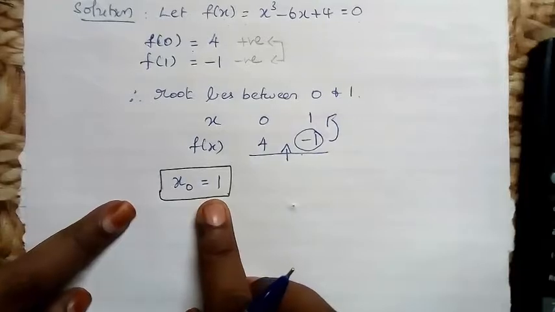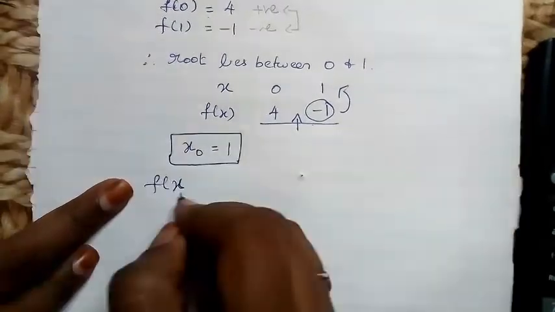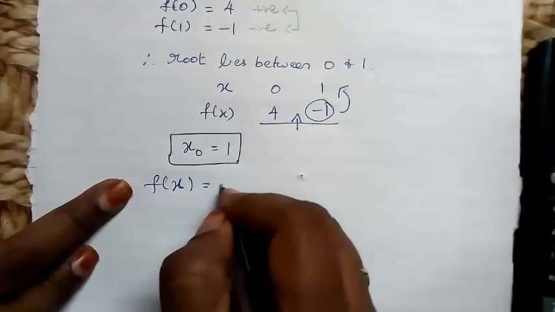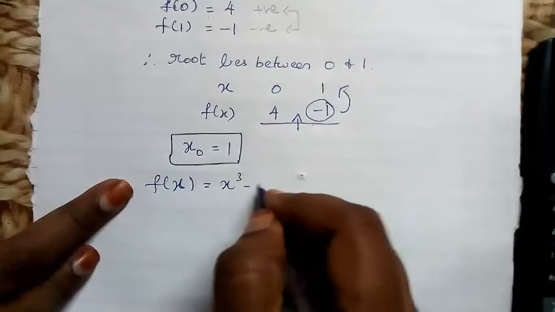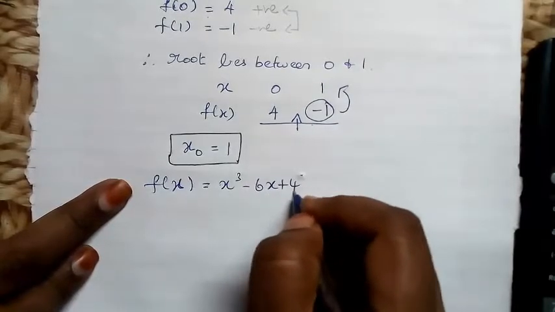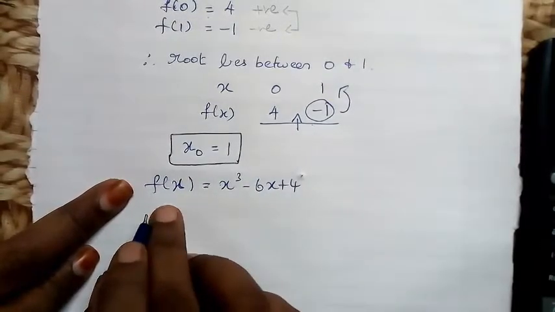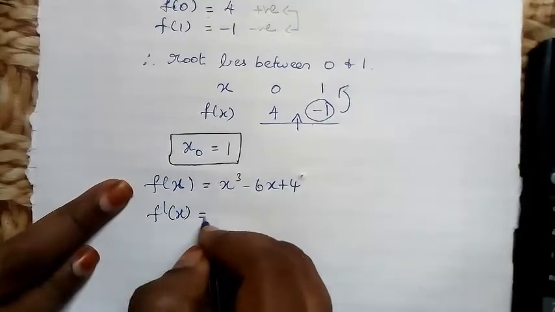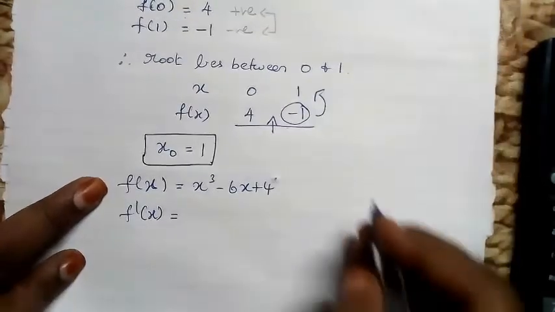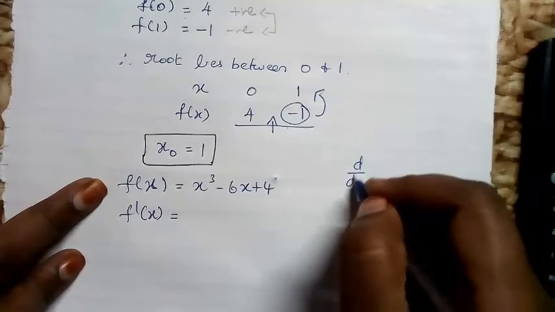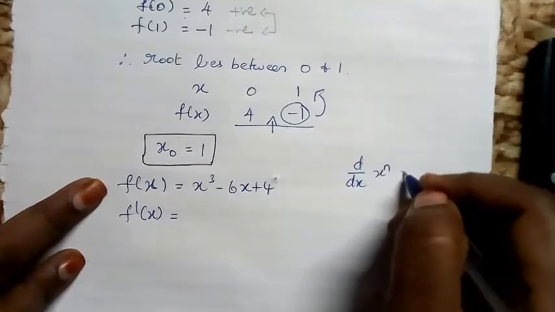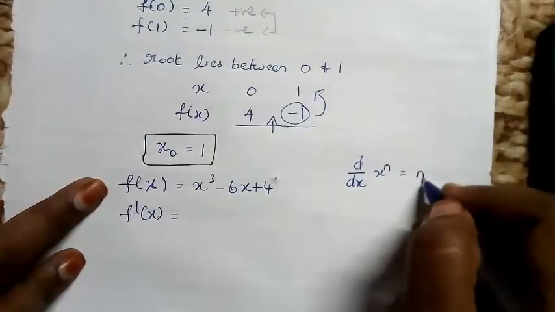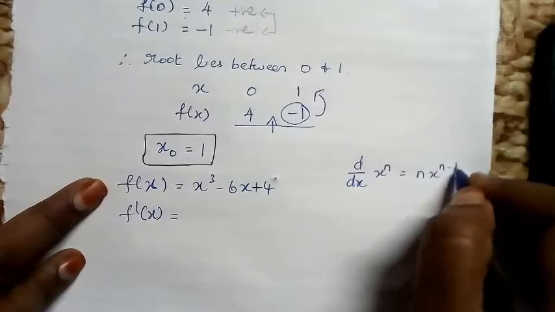We need f(x_i) and f'(x_i). It is given that f(x) is equal to x cube minus 6x plus 4. And we have to find the differentiation of this, which is f'(x). We know the differentiation formula: d by dx of x power n is n into x power n minus 1.